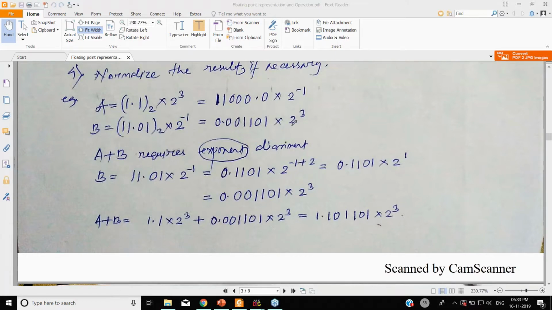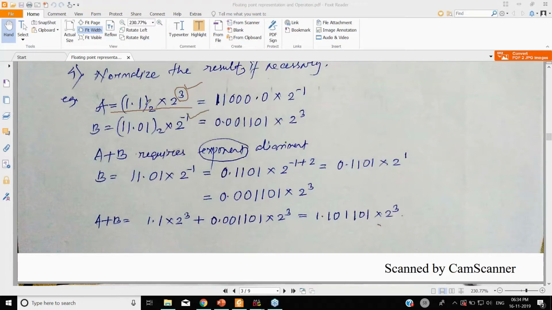Just a few seconds before, Jaya asked why we can't change the exponent of the higher order number to the lower order number. Yes, it can be done, the other way around. You can change the exponent of a, that is 1.1 times 2 to the power 3. The value of a has exponent 3, and b's exponent is -1.